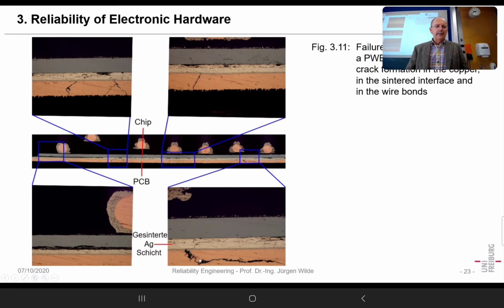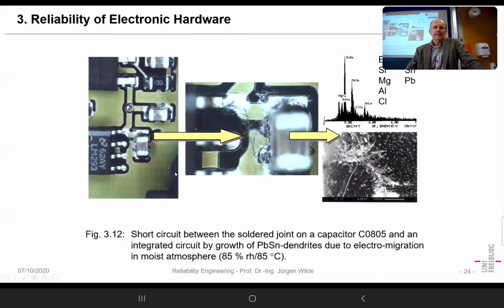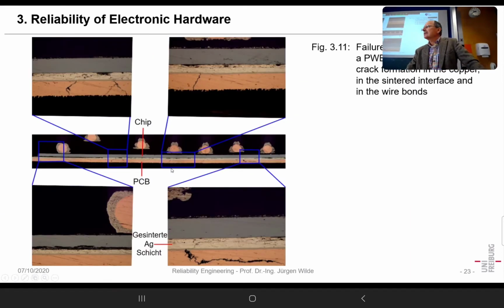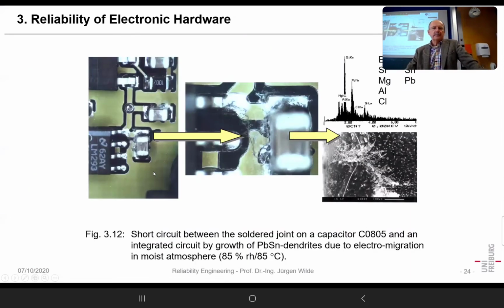And also we have cracks here in the copper. So you could say that part was more or less finished under all aspects. That was really worn out, and not only with one failure mode, but with three failure modes simultaneously. So that was temperature or power cycling.